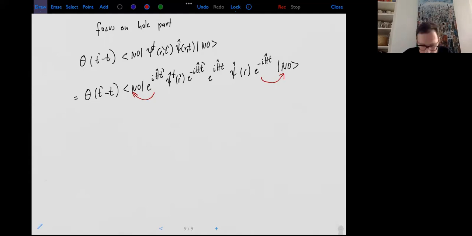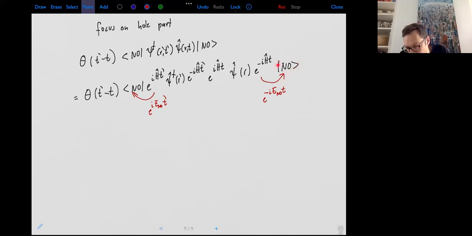So this just gives us e to the i E n0 t prime, and this just gives you e to the minus i E n0 t. Okay, so that's something we can do. So let's see, what do we have? And then of course we can take this out of the expectation value. So what do we have now?